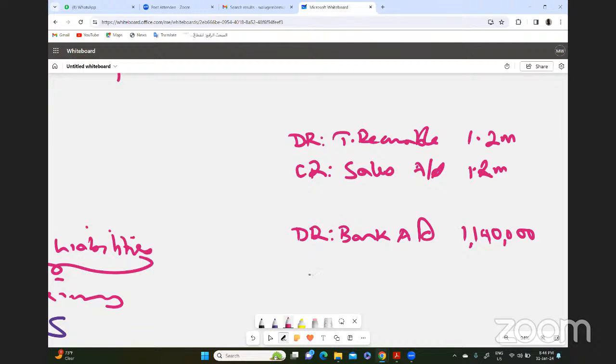But as you're writing off a receivable, this receivable here that you recognized with 1.2, at the point of receiving the 1,140,000, your agreement is saying that that is the final payment. Are we together? So meaning the right that you had recognized up there to receive 1.2 is extinguished.